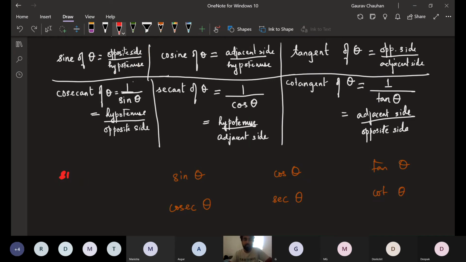It's like a naming way of that ratio. It's a name for a function. Think of a computer which will only do this. You put theta, it will give you opposite side by hypotenuse. It is a name for that kind of a machine.